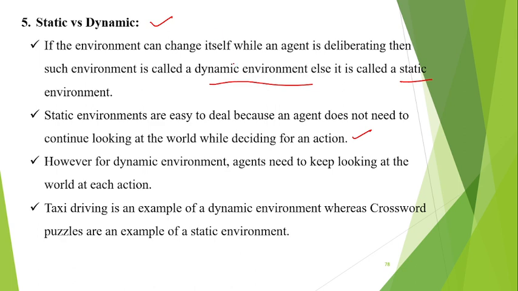Let's take an example. For dynamic, I can go for driving a car. In driving a car, I keep track of the whole environment, and the environment changes, like speed breakers and everything else that comes up.